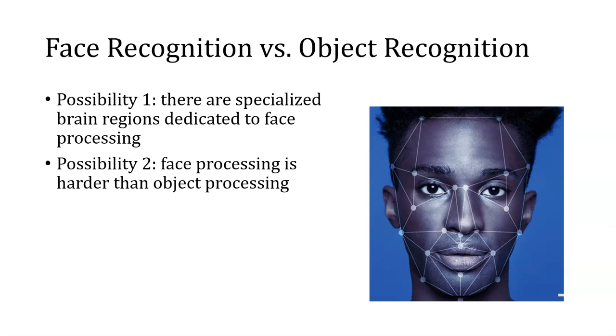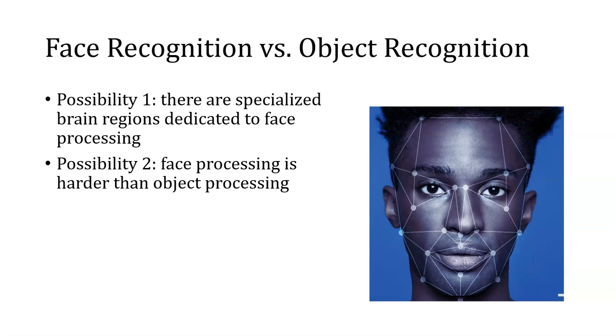So if face processing differs substantially from object processing, then there are two possibilities for how it might happen. The first possibility is that there are dedicated brain regions that process faces that are distinct from brain regions that process objects.